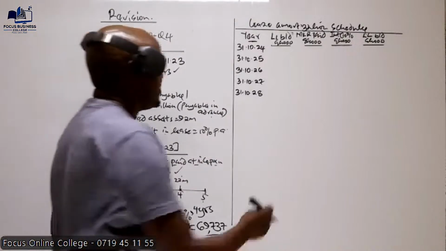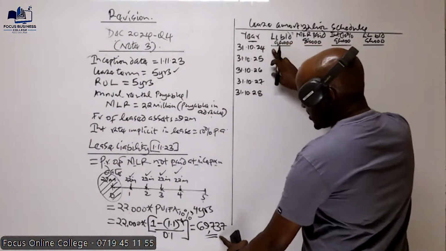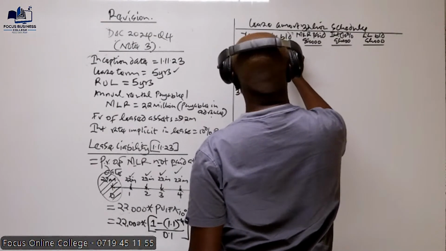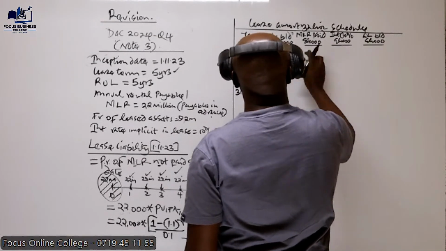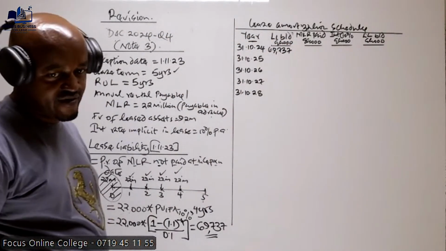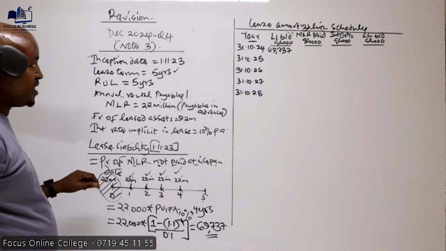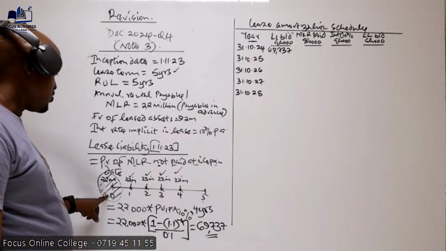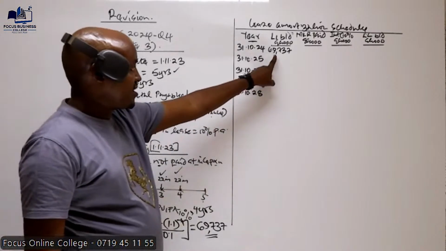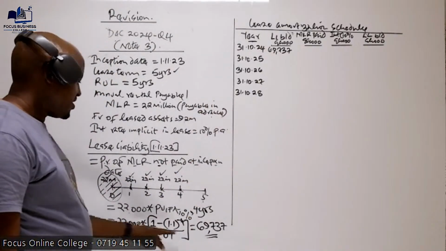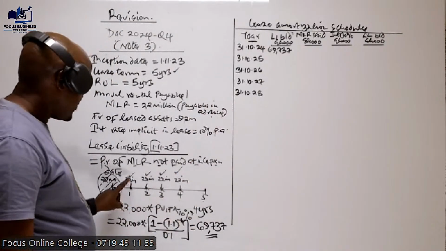Yes. So the liability at the start of year 1 is what you have computed here, 69,737. And how much minimum lease rentals was paid at the start of year 1? 22 million. But we say this 22 million is not part of this lease liability, because in computation of this lease liability we have used this amount.